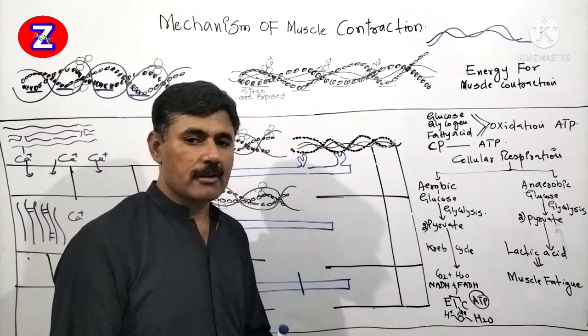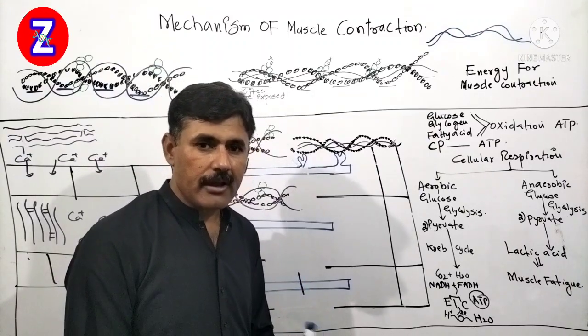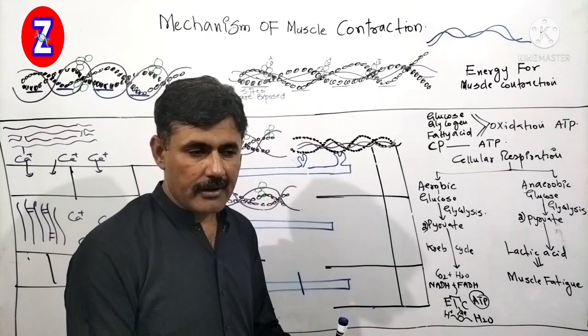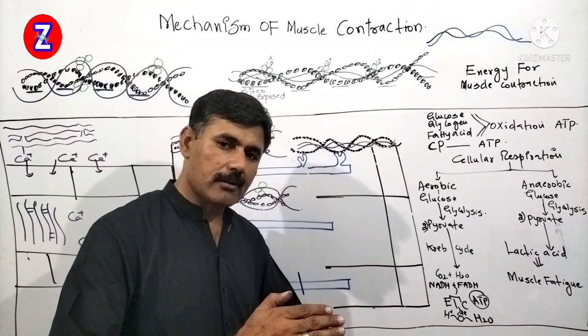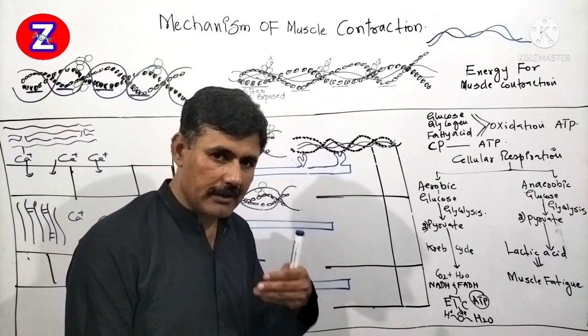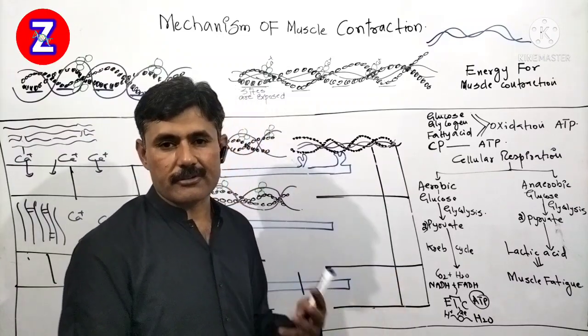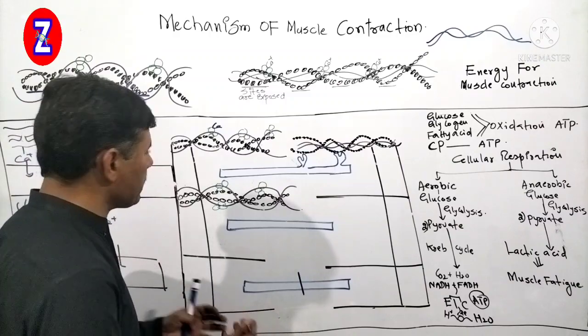When it hides the sites of actin, myosin heads can't get attached and muscles do not contract. And when muscles are to contract, the tropomyosin twists and exposes the sites of actin, and then myosin filaments can easily get attached and the muscle starts contracting. How does this all happen?